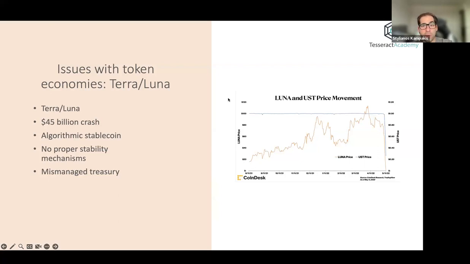And I do believe in the next bull run, which might happen next year or the year after that, who knows, we're going to see more and more projects actually wanting to be audited in order to demonstrate their quality. And the reason and the why behind tokenomics auditing is going to be very easy to explain after we go through a couple of case studies. And obviously, the first case study that we ought to mention is that of the Terra Luna crash.